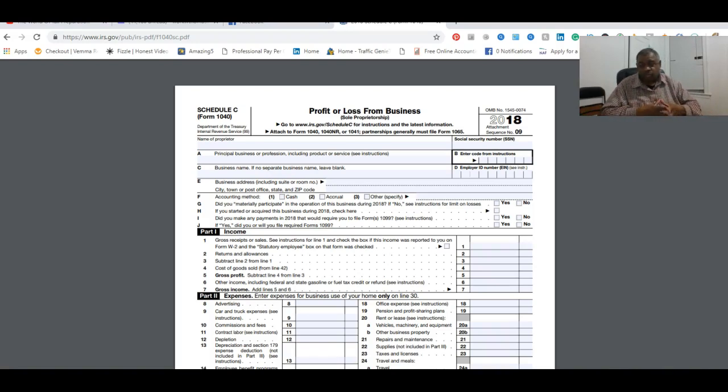Say, for instance, you are a barber and you cut hair, and say you got 10 clients for the month that you allowed to pay on credit, and you won't get paid until the following month for those 10. Then you couldn't count that income until the month you actually see the cash in your hand.